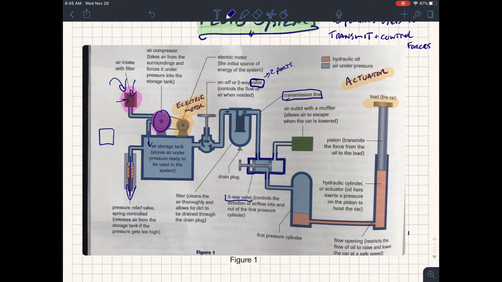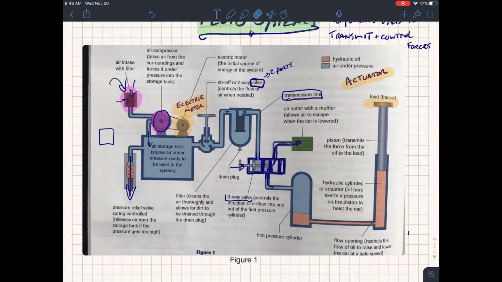As you adjust the valve and push this plunger over, you can see that this sheet is going to move here, and this sheet is going to move here. And you can see that air can move this way, out through the muffler, in that position.